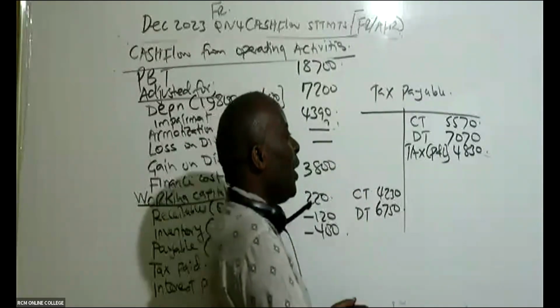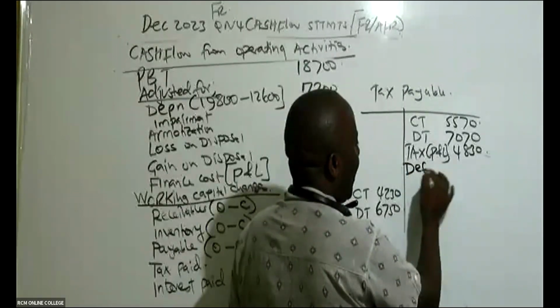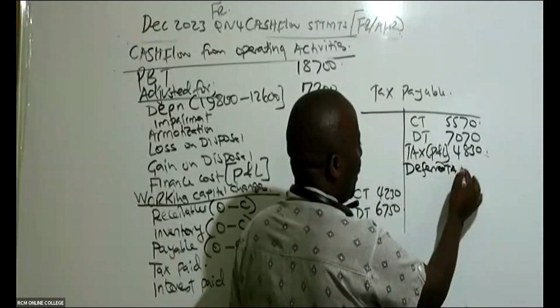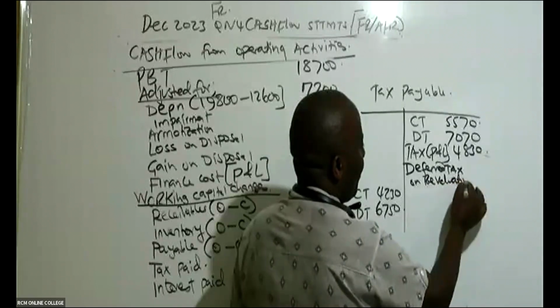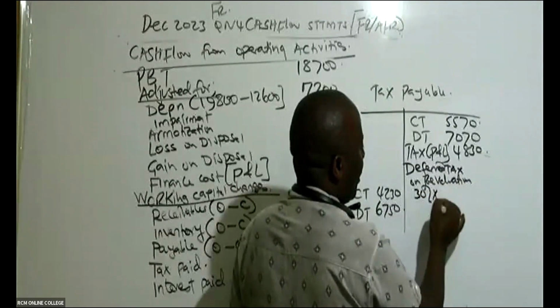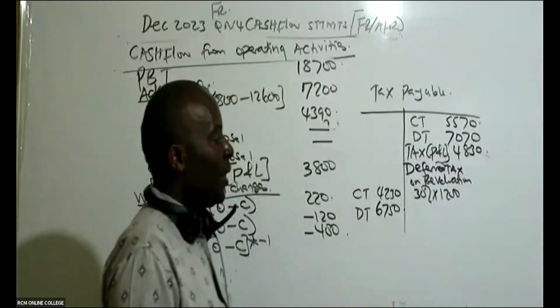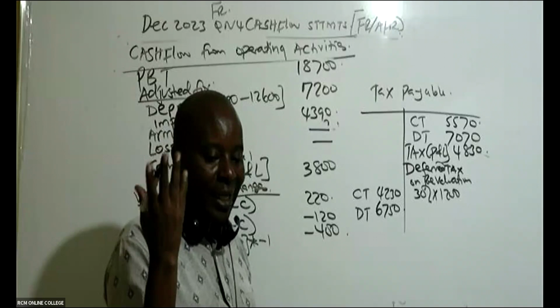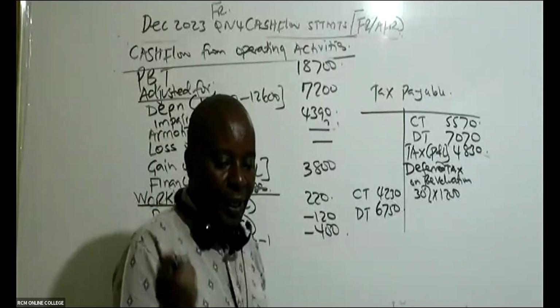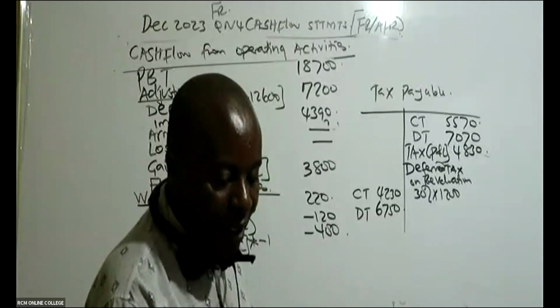So then the only thing we need is deferred tax on revaluation, which will be 30% of the revalued amount, 1,200. It is tax times the revalued amount. It increases your deferred tax liability.